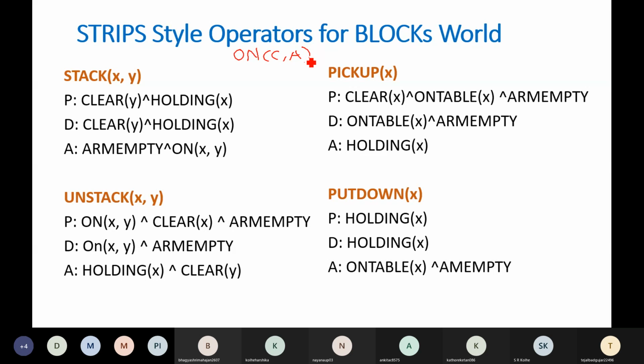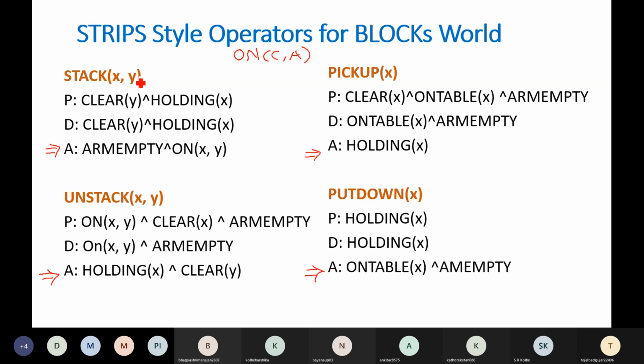So find out which action I should perform so that I will get on CA true. You check the result, that means the add list, of all these four operations: add list of stack XY, add list of pick up X. What does the add list specify? The add list specifies the set of predicates which will become true after performing that operation. So you find out which action should be chosen so that on CA is true.